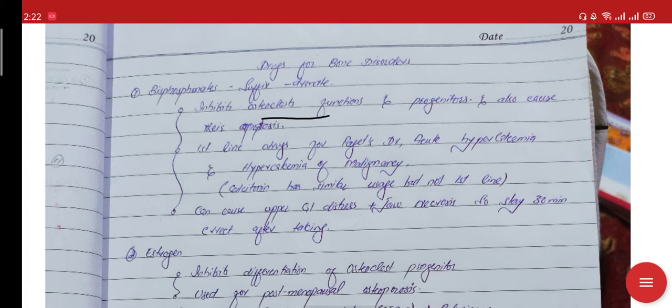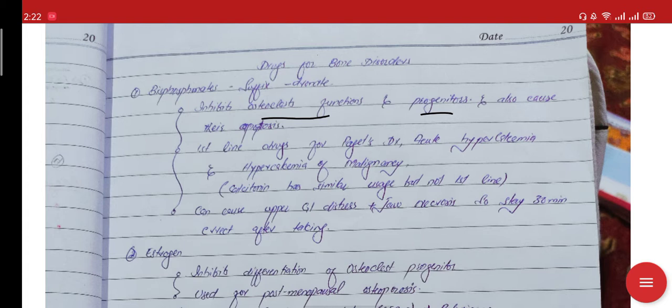The second thing is that it attaches to the hydroxyapatite crystals and thus prevents them from binding with the osteoclast. The next thing is that they prevent the osteoclast progenitor from differentiating, and in this way they inhibit their function.